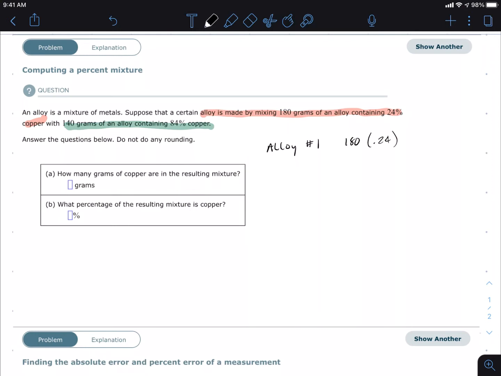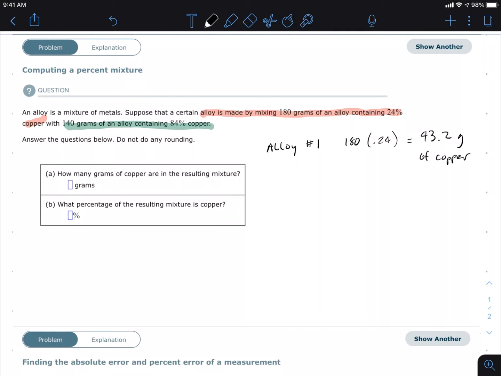Okay, so then from here, I'm going to use my calculator. 180 times 0.24 will give me 43.2 grams of copper.